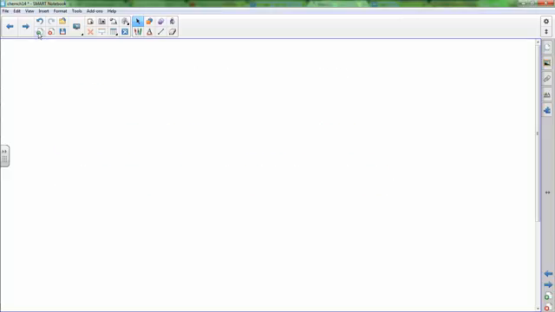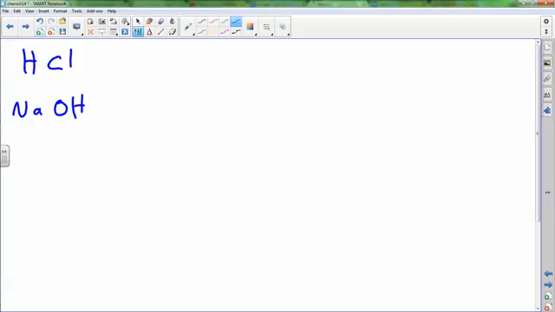A simple acid-base neutralization problem would involve hydrochloric acid and sodium hydroxide. Okay, now if we look at our sheets, hydrochloric acid is a strong acid. It completely dissociates, it completely, we say, deprotonizes, so we use a one-way arrow because it is going to completely dissociate.